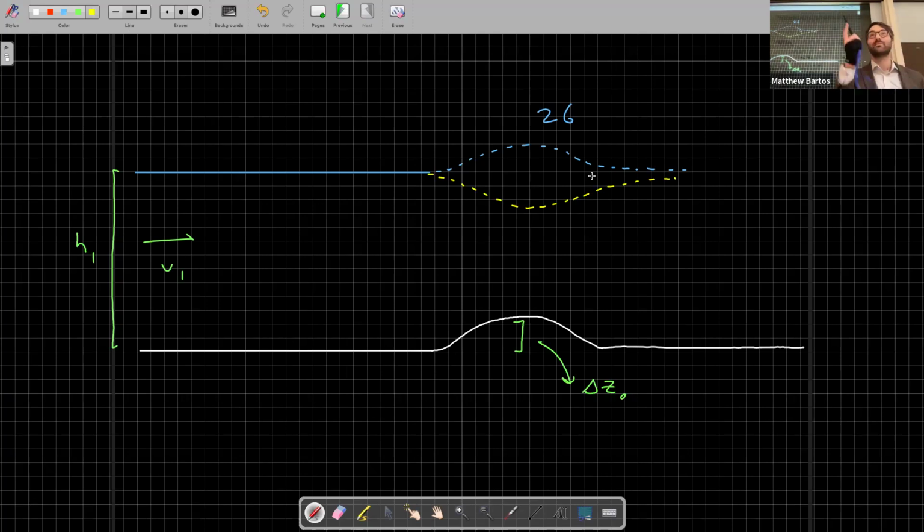Okay, we got 4 for water surface goes down. Who thinks the water surface is going to stay the same? Okay, 15-ish think that the water surface is going to stay the same.